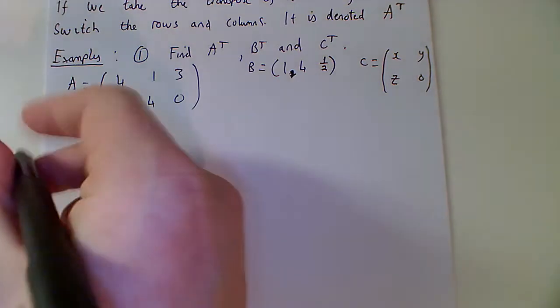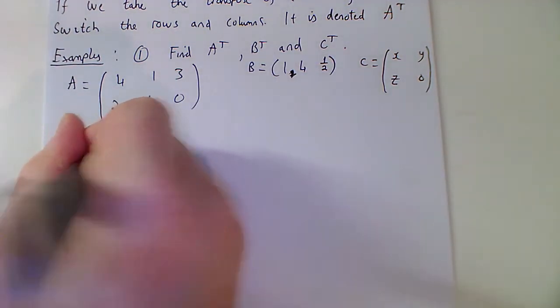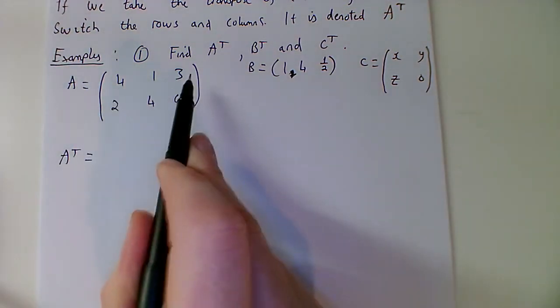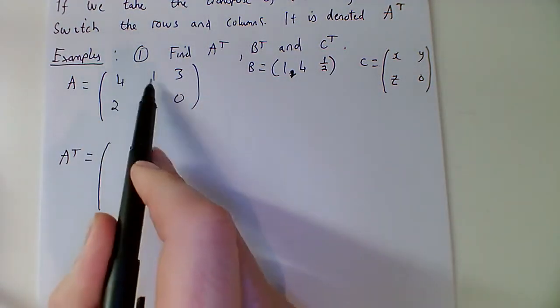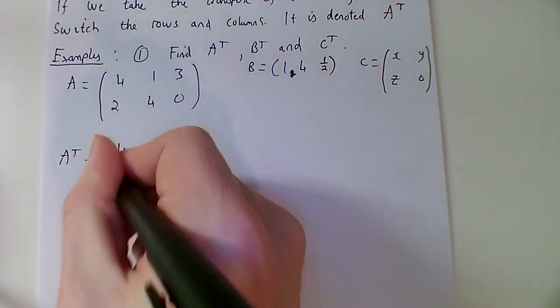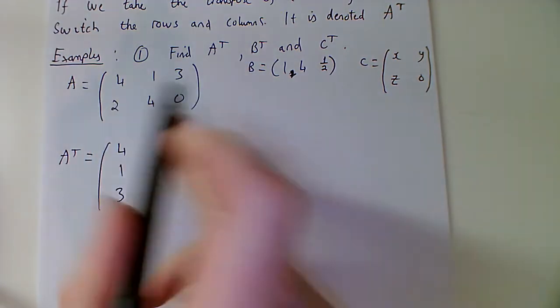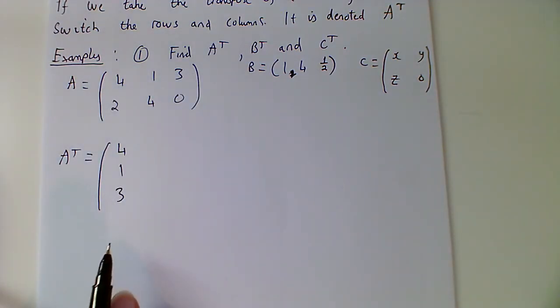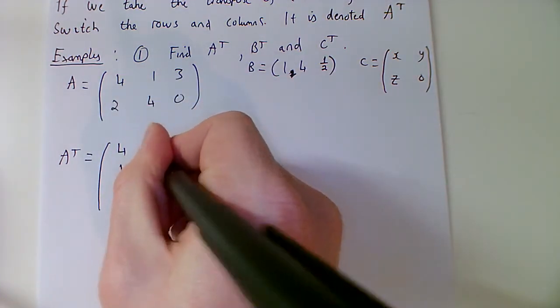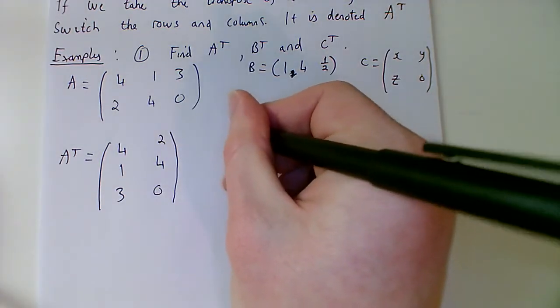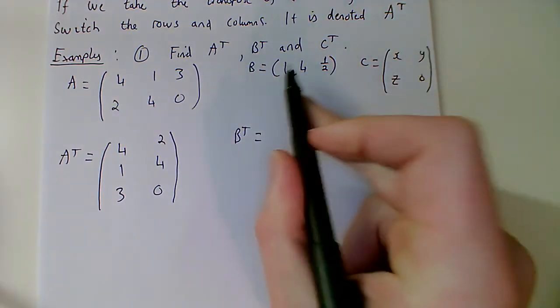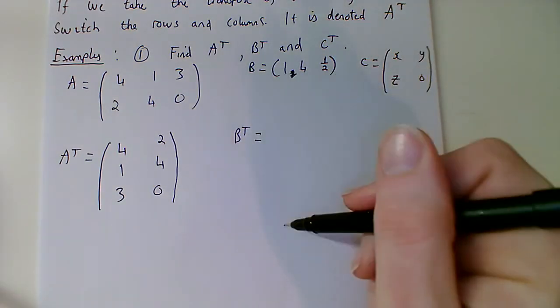So all it's telling me to do is turn my row into a column. My row was 4, 1, 3, so I'm going to write that down the way. So my first row becomes my first column, and then my second row becomes my second column. B transpose is straightforward enough, it's just one row, so that's just going to become one column.